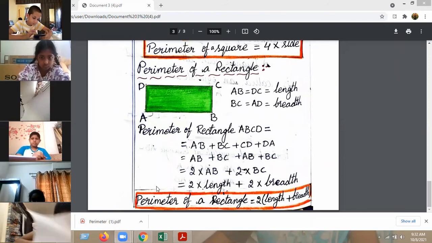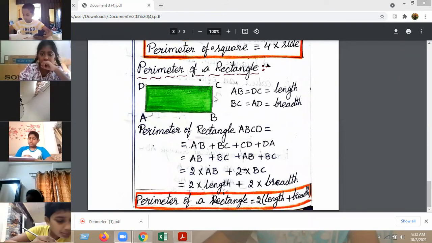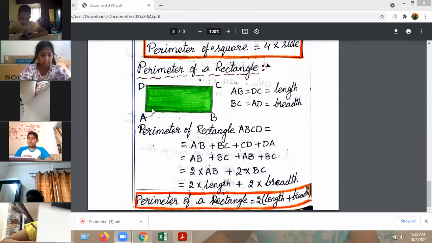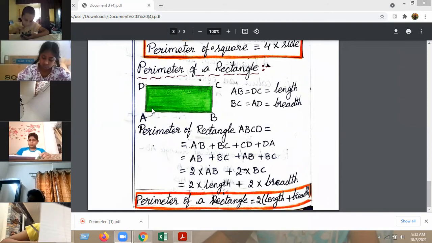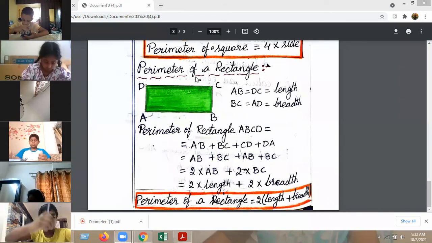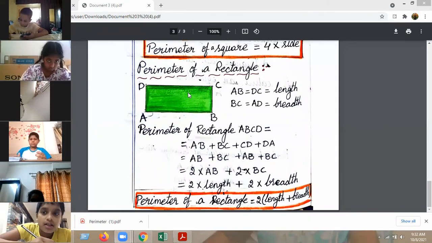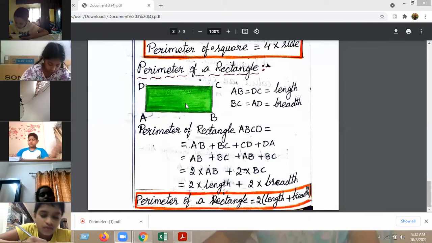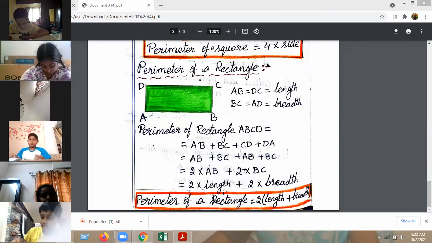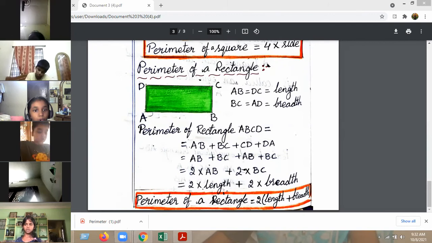Write down, copy down: perimeter of a rectangle. Draw the rectangle figure. Reena, write down.